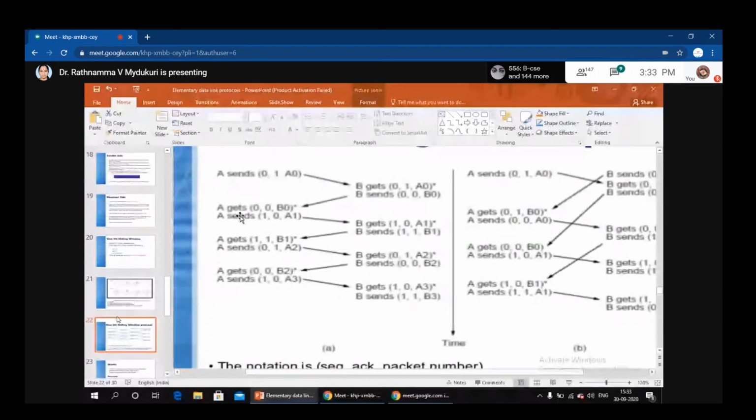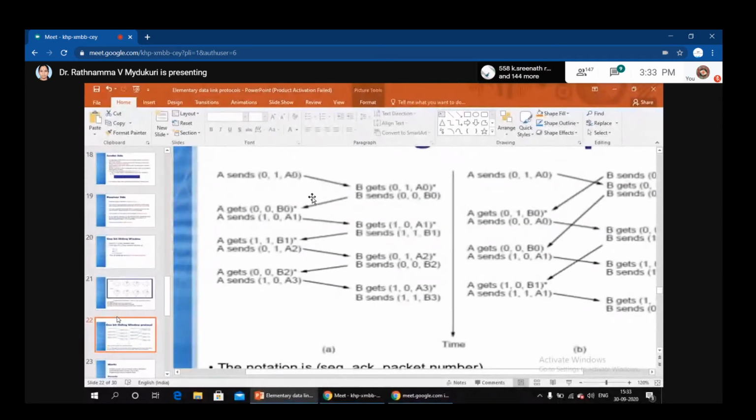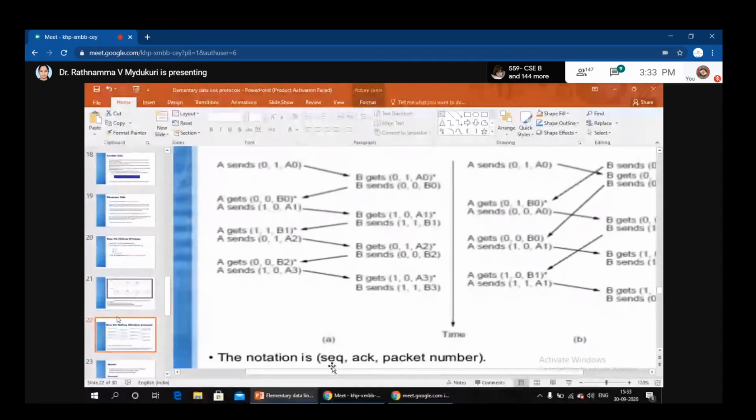Sender A is sending 0, 1, A0. What is this sequence actually? This is the sequence number, this is the acknowledgement, this is the packet number. The sequence number and packet number are the same.